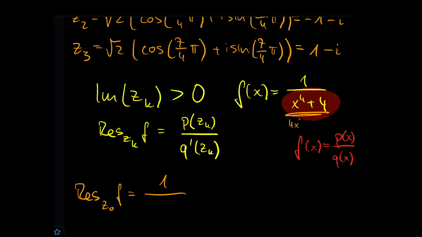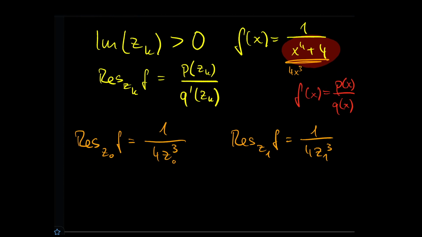The 4 just drops because it's a constant, so here we have 1 divided by 4 z0 to the power of 3. And the same is for the residue at the singularity z1. It's just 1 divided by 4 z1 to the power of 3. Wow. Okay.